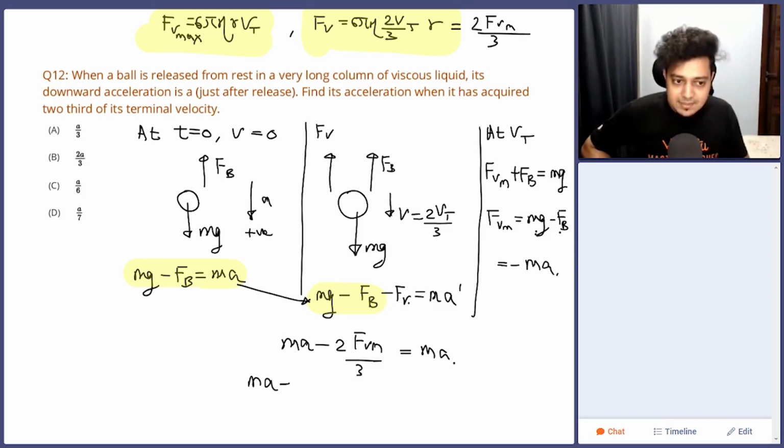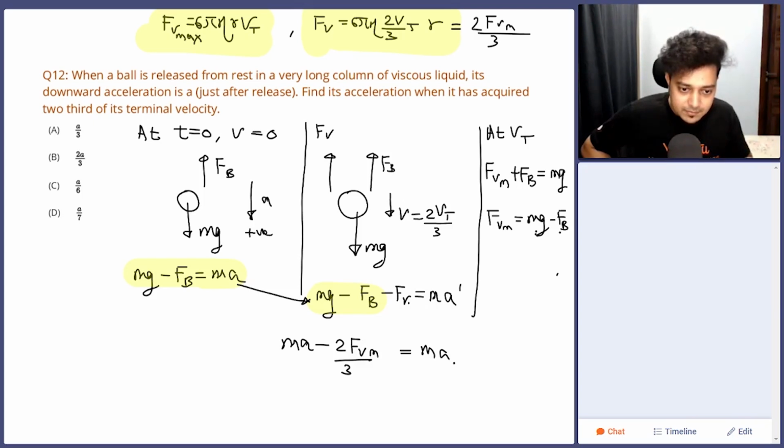If I take minus common, I will get mg. Oh wait, this is directly ma. This can be directly written as ma. So the viscous force will directly go as ma. The current viscous force is 2/3 of the maximum value.